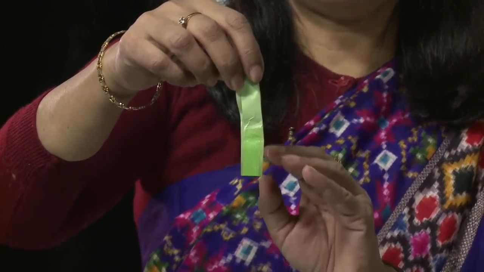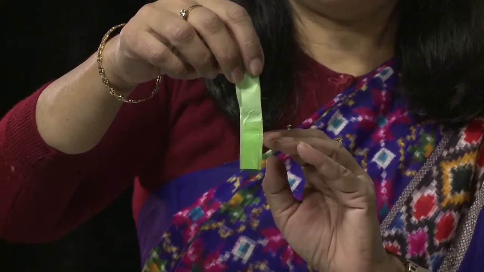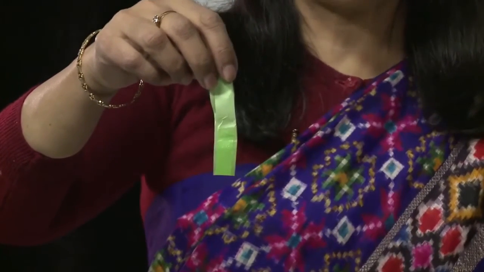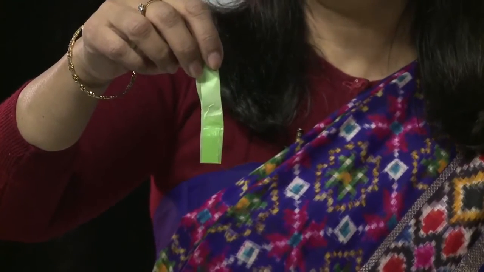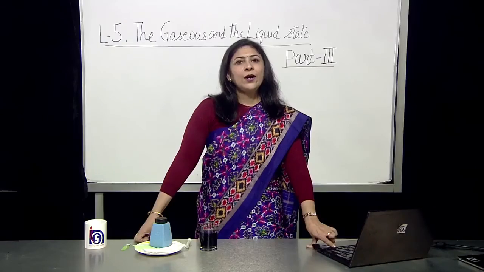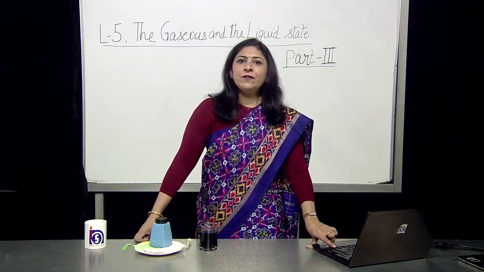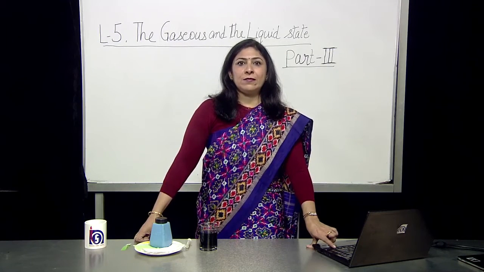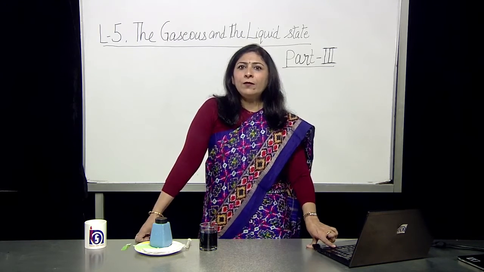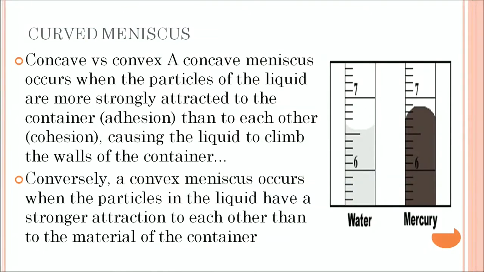The molecules of water are getting raised up and up. So, this is again a property, or we can say this is again surface tension. The other effect of surface tension is the curved meniscus. What is a meniscus basically? You can see here I have taken water and mercury.